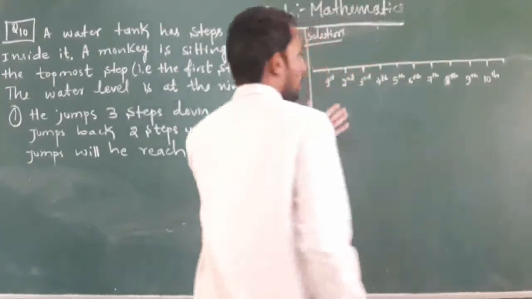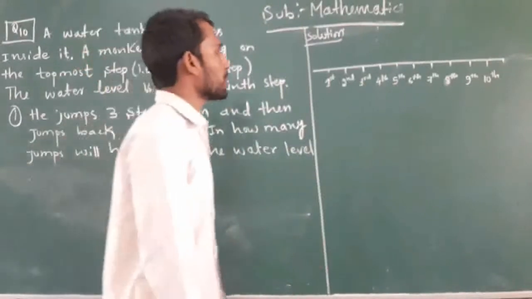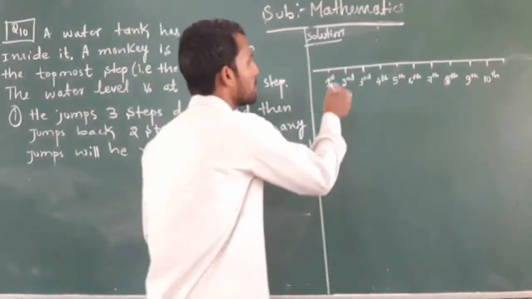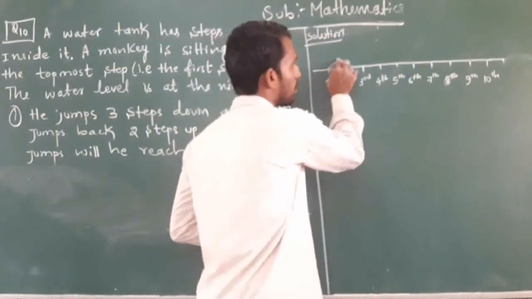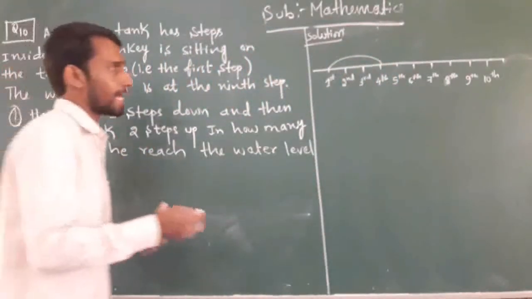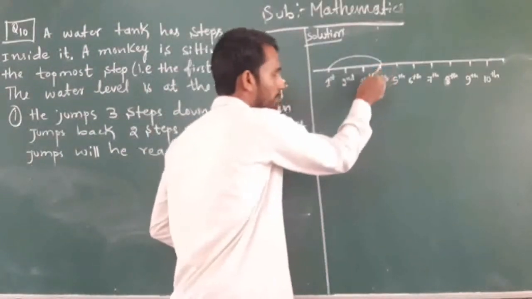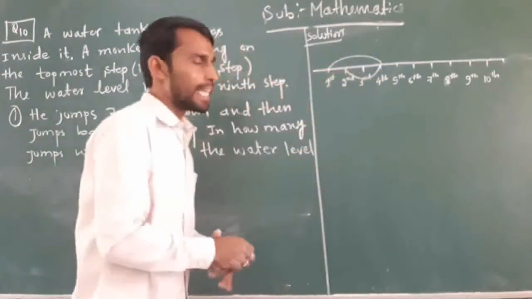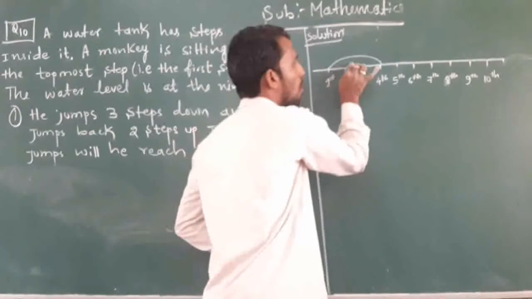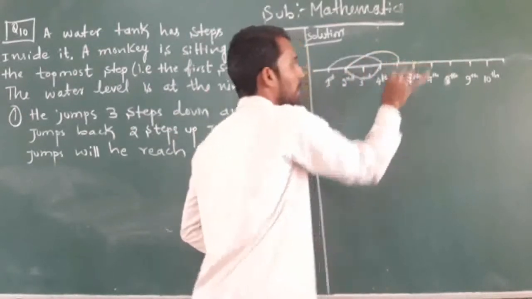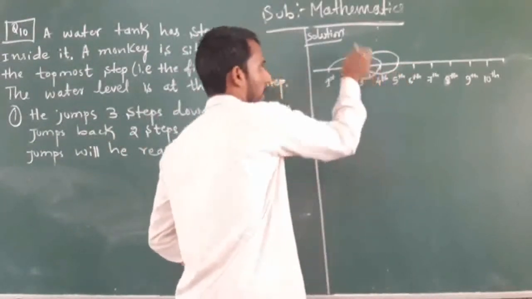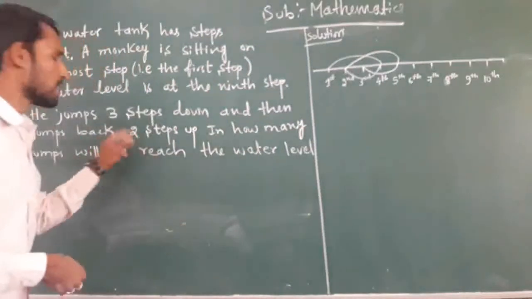I wrote the number 9 here. The monkey jumps 3 steps down, then comes back 2 steps up. Again it jumps 3 steps downside, 1, 2, 3, and again comes 2 steps back.